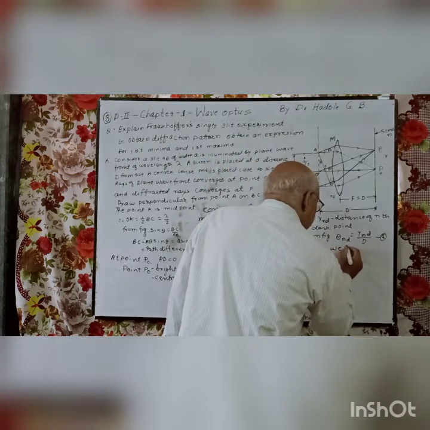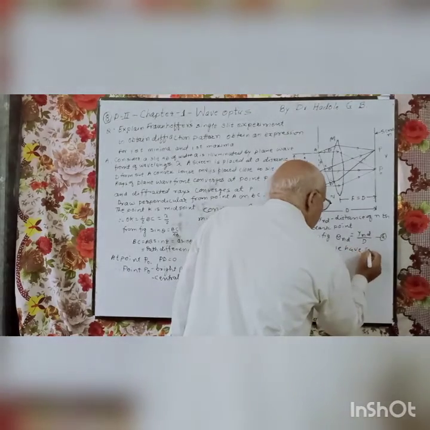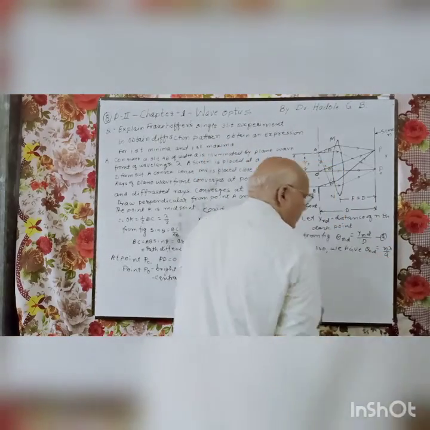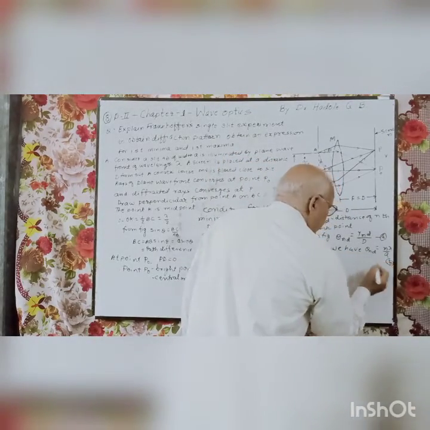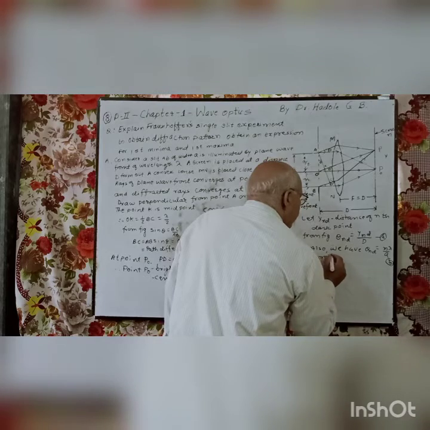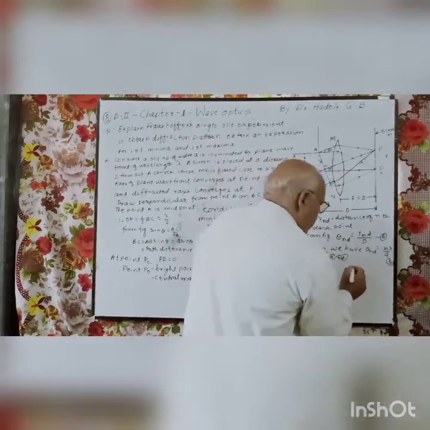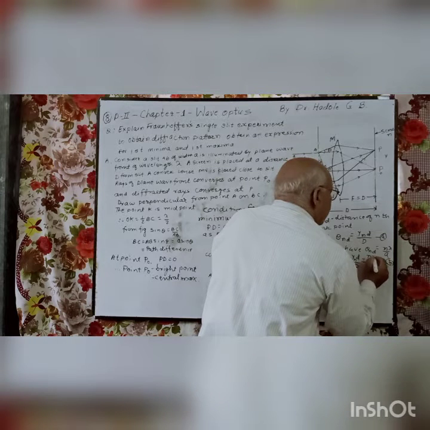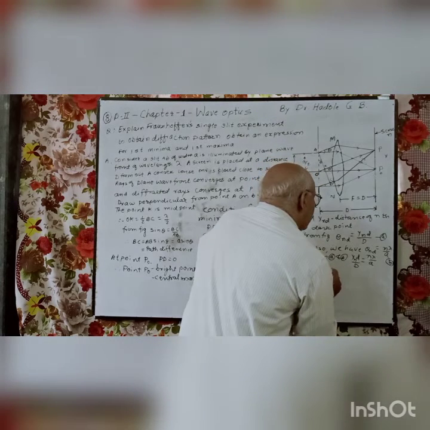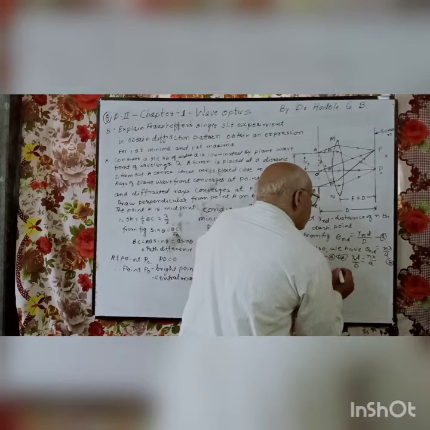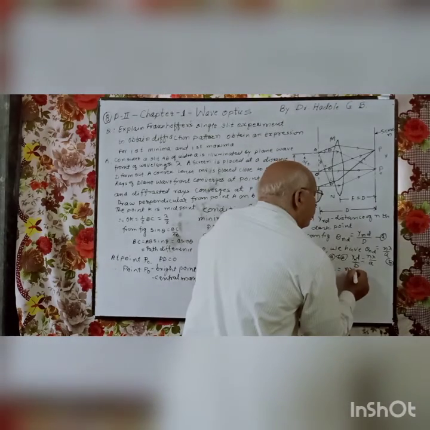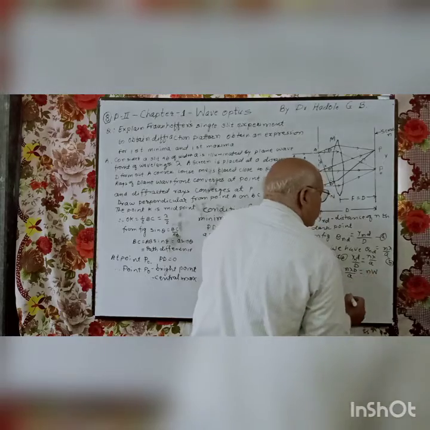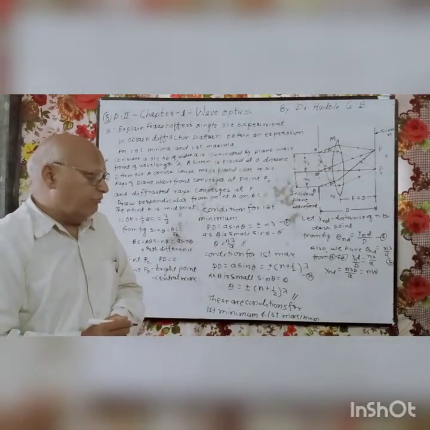We have theta nd equal to n lambda upon a, and this is equation B. From A and B, we write y nd upon capital D equal to n lambda upon a, and therefore y nd equals n lambda into capital D upon a, which is equal to n into W. W is the width.